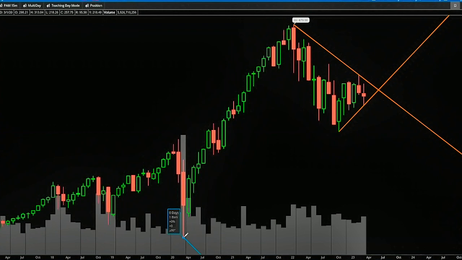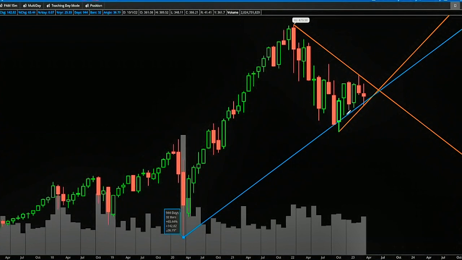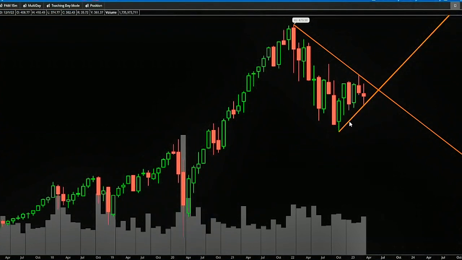I'm not going to really worry about any other trend lines. I could draw this one from here to here, but this one's really better. It's the most recent, goes back about 6-7 months, and so I like that better.